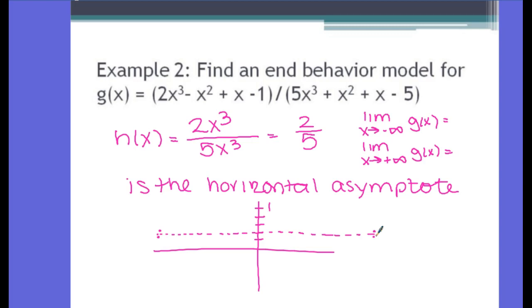Think about what this is. This is a positive. Would it matter if it's above or below it? Can this be negative? Is 2 fifths ever negative? So more than likely they're both going to be coming in from the positive side because the sign of this is positive, no matter what you plug in. So they should both be coming in from above.